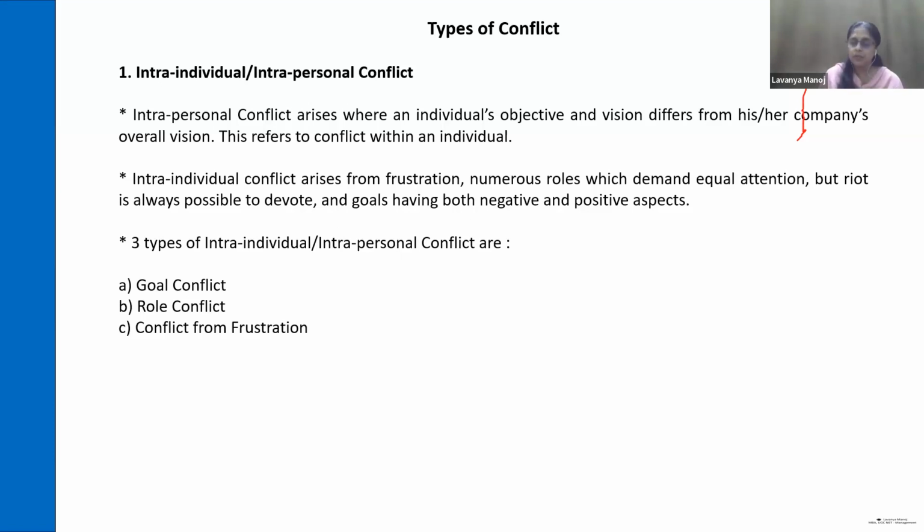They may wonder whether they have chosen the right way, or doubt whether it will take them to the situation they were aiming for or dreaming of. These kinds of conflicts are called intra-individual or intrapersonal.